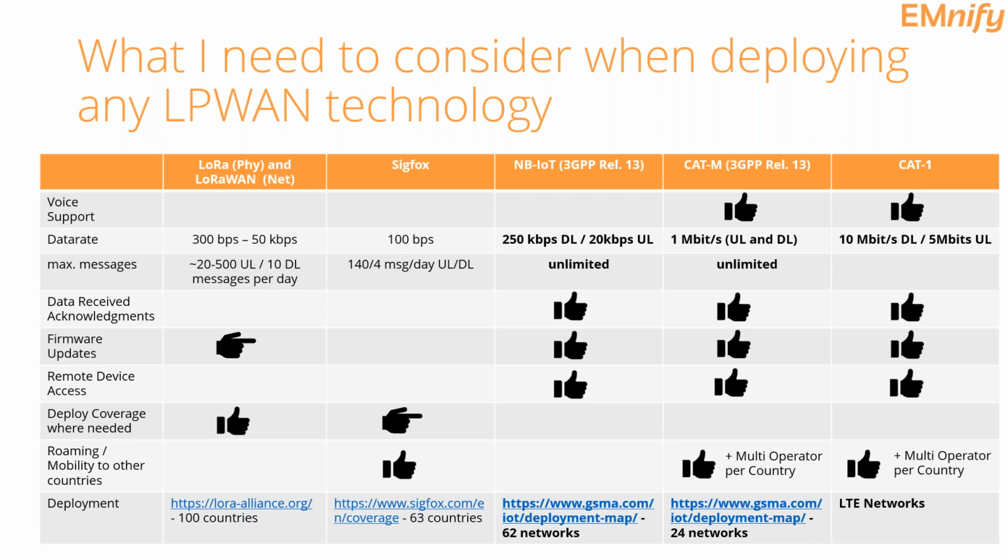The largest benefit of LoRa, and also of Sigfox in a limited sense, is that you can deploy coverage where needed. If you have a use case in rural areas where there's no LTE deployed, or not even cellular connectivity, then you start thinking, okay, what do I do? I cannot ask an operator to deploy a base station here just for my cattle monitoring use case.